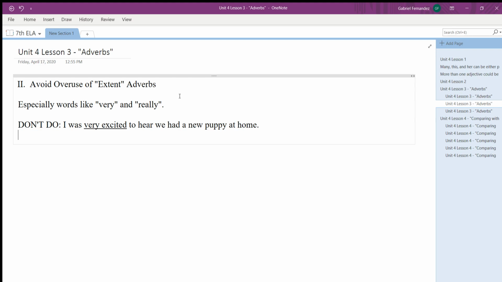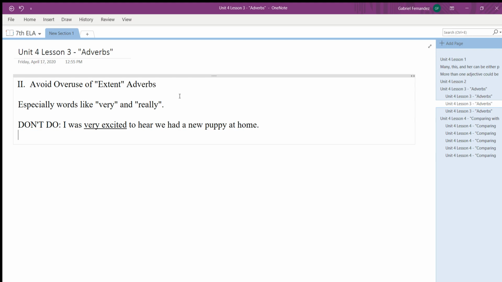But try to replace combinations of a to what extent adverb and an adjective with a stronger adjective. Okay? If you find yourself tempted to use a very or a really, like really excited or I'm very happy, try to find instead another adjective that is a stronger form of the one you want to use and drop the very and really altogether.